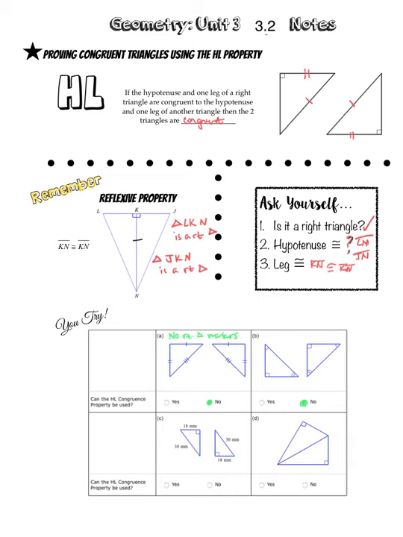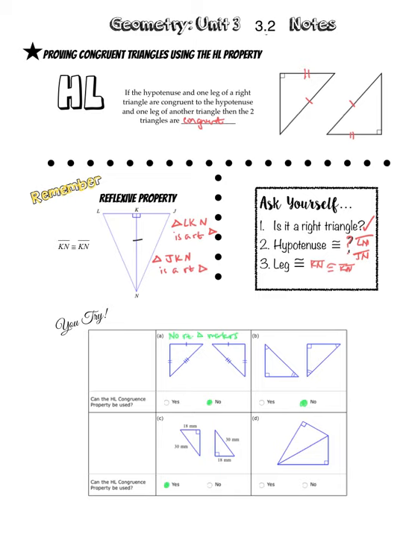Okay, let's look at C. We have right angles, so they are definitely right triangles. One leg is 18, corresponding leg is 18. The hypotenuses are congruent. So yes, we can use the hypotenuse leg congruence property because we have the information on the hypotenuse and the information on the leg.